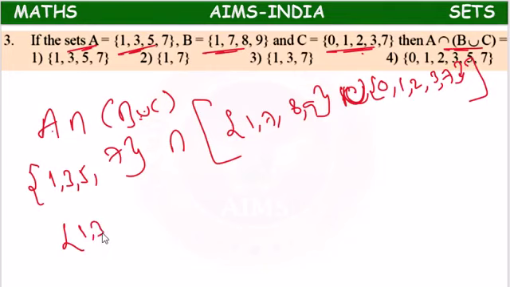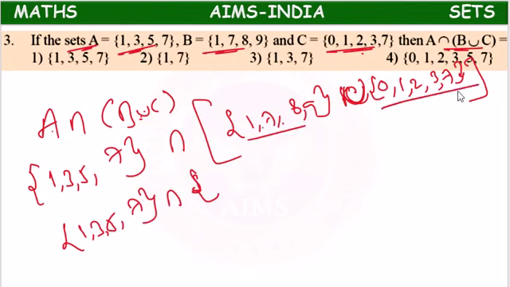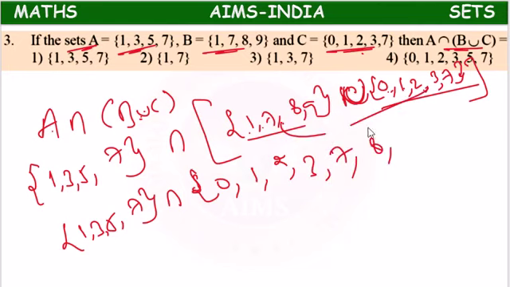So let's write like that only, 1, 3, 5, 7 intersection, and here we have all the elements. First 0 will come, 1 is repeated twice, we take it only one time, next 2, next 3, 7 is repeated 2 times, we take 1 time, next 8, next 9.